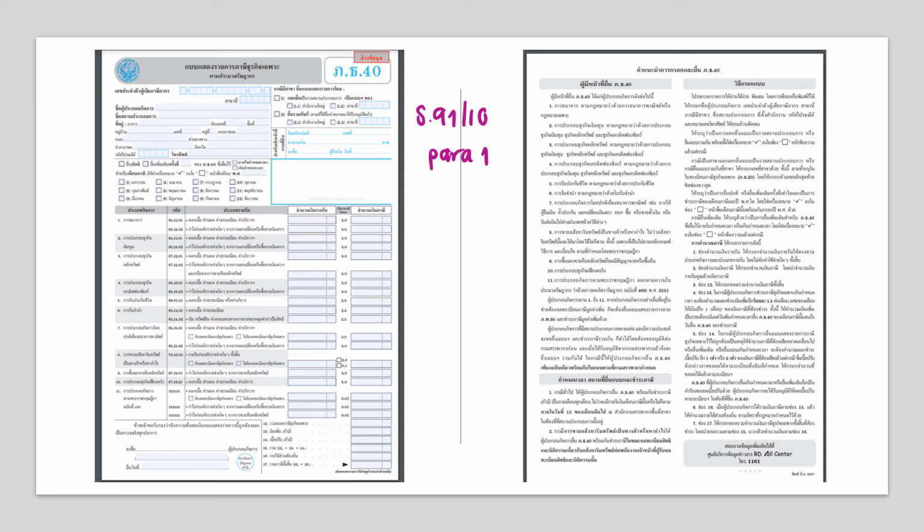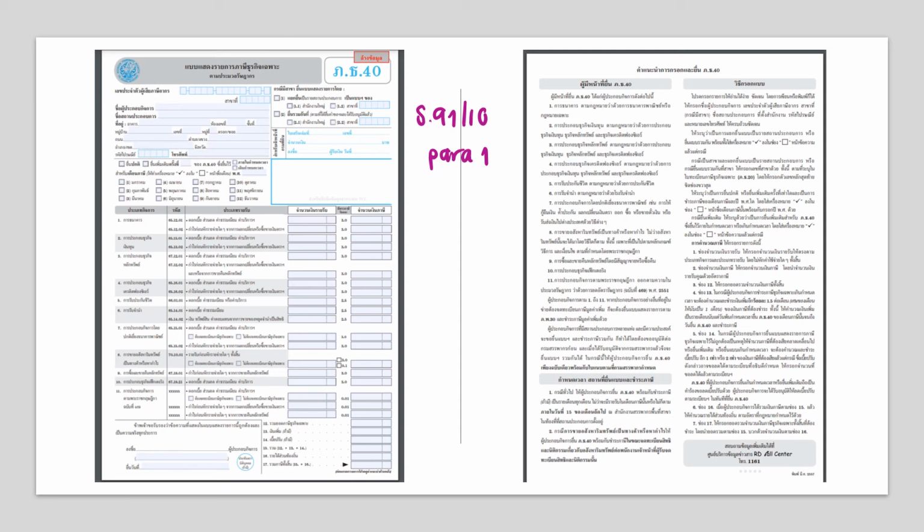They have already provided you the tax rate, and you need to calculate by yourself and tell them the amount of SPT that you need to pay to the revenue department. So this is an example of the SPT tax filing under section 91/10 paragraph 1.